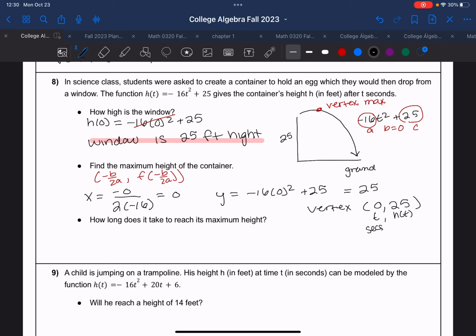So seconds and feet. So how long is it going to take to reach 25 feet? And it's going to take 0 seconds. Okay. So it will take 0 seconds because we are already at that maximum height.